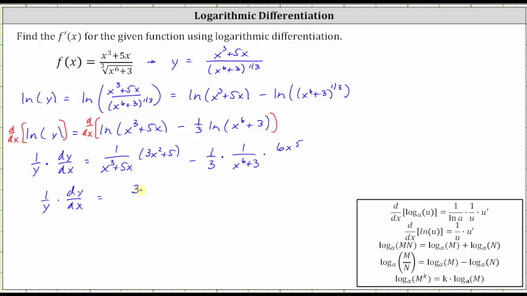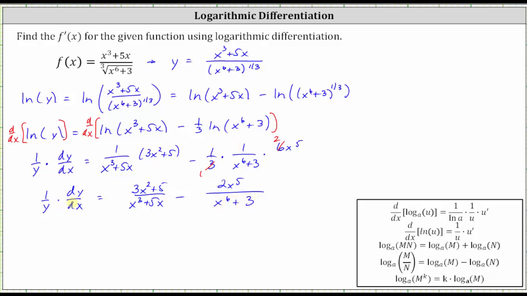We have the quantity 3x squared plus 5 over the quantity x to the 3rd plus 5x minus. For the second product, we have a common factor of 3 between 6 and 3. 3 simplifies to 1, 6 simplifies to 2, which gives us minus 2x to the 5th all over x to the 6th plus 3.